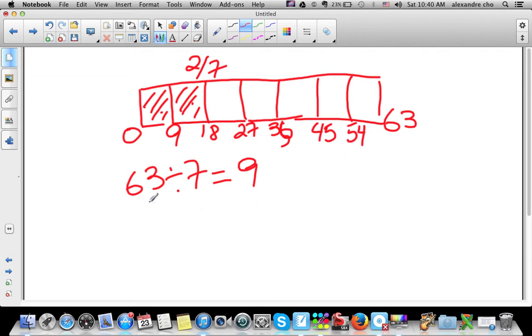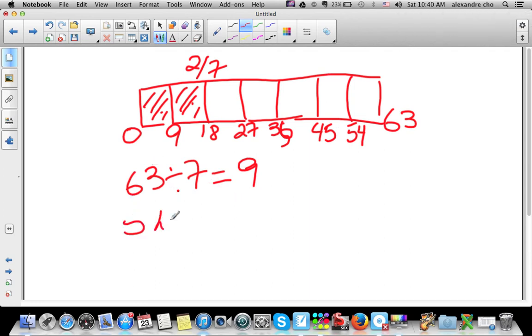So by dividing $63 by 7, which is the number of pieces we divided our bar into, we can get the value for each bar. Each bar is worth 9, so you can start counting by 9: 9, 18, 27, 36, 45, 54. And that tells you exactly how much she spent.